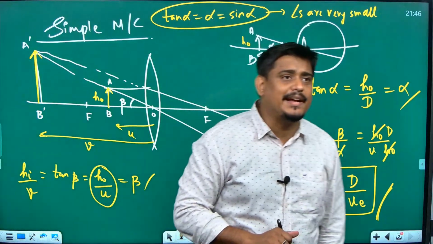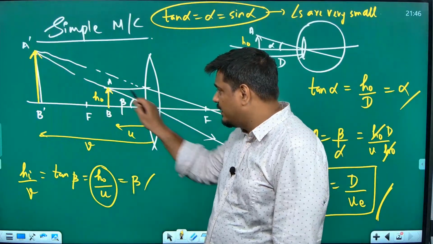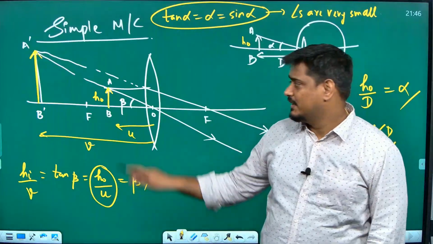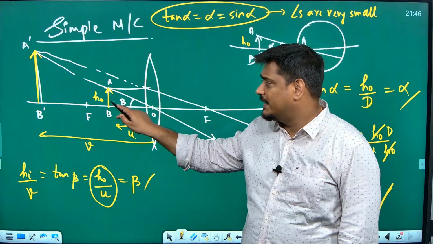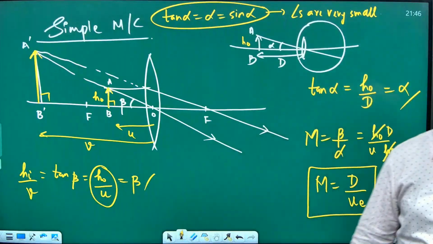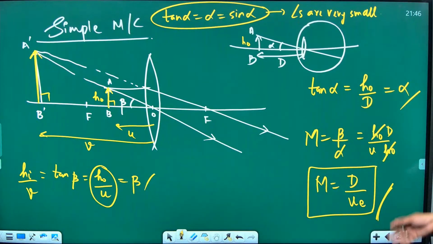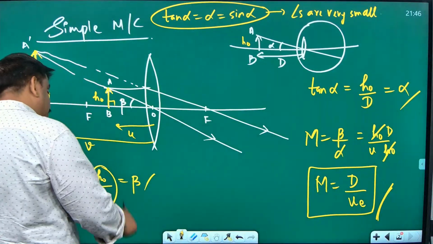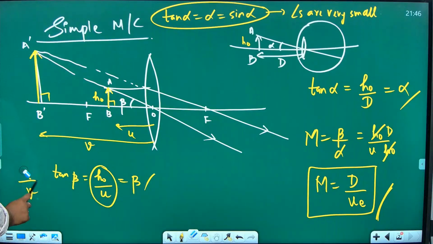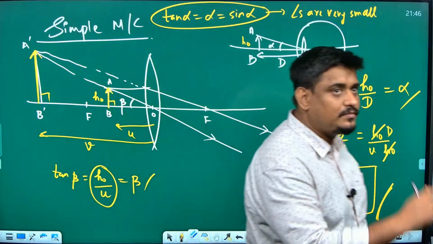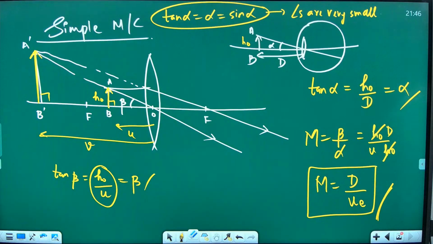They are similar triangles, by the way. If you see this triangle and this triangle, they are similar by angle-angle similarity. This is the common angle and this is the 90-degree angle, isn't it? So, as you are thinking, we may take HI by V also, but need not take that, because it can also be taken as HO by U. So, this is true, but it is not required here. I hope it is clear to you.